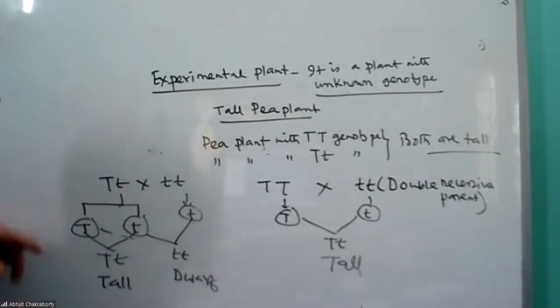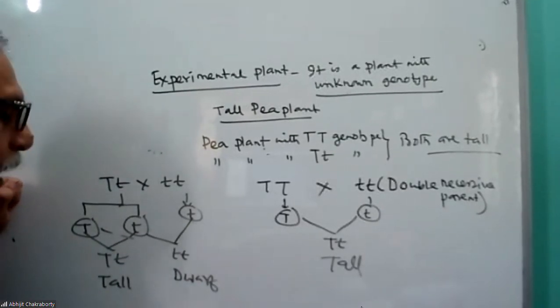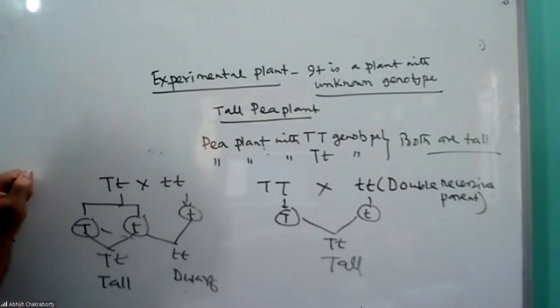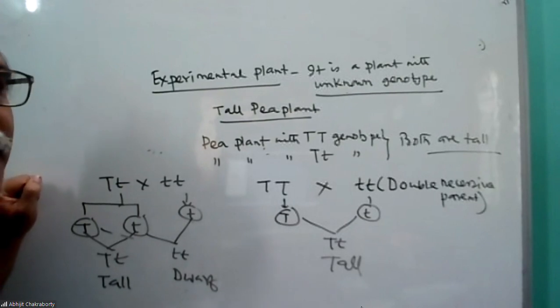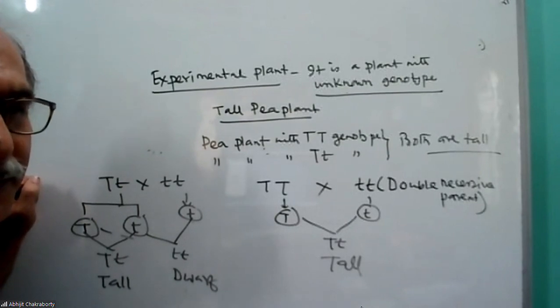But if the result shows that tall plants and dwarf plants are produced in the ratio 1:1, then the genotype of that tall pea plant is capital T small t, that is, heterozygous tall. Is it clear now? Yes, sir.